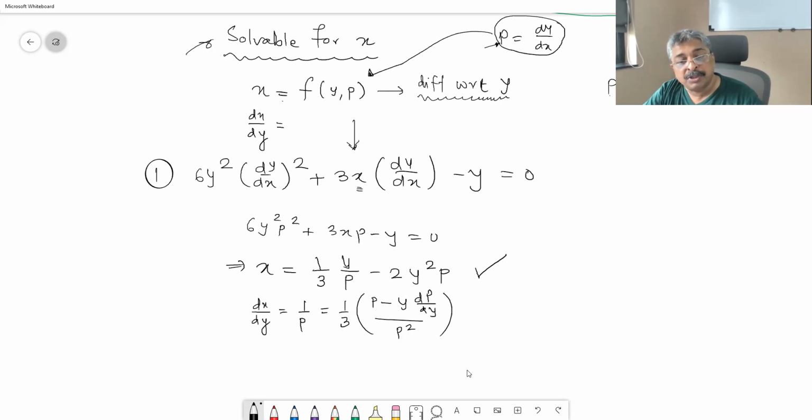This is the derivative of the first term. Minus 2y square dp by dy, minus 2y p. Is that correct? Minus 2yp, and 2y and 2y, so minus 4yp.